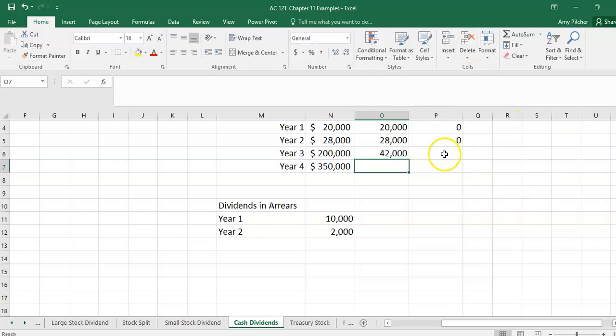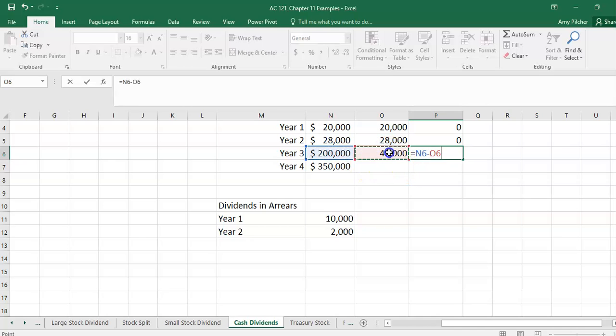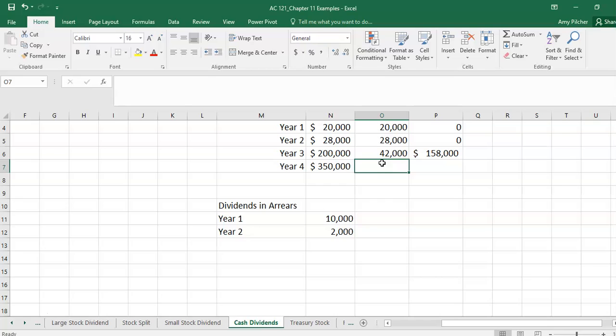And common shareholders get whatever is left over. And then in year four, we no longer have any dividends in arrears. So preferred shareholders would get their $30,000 and common shareholders would get the rest.